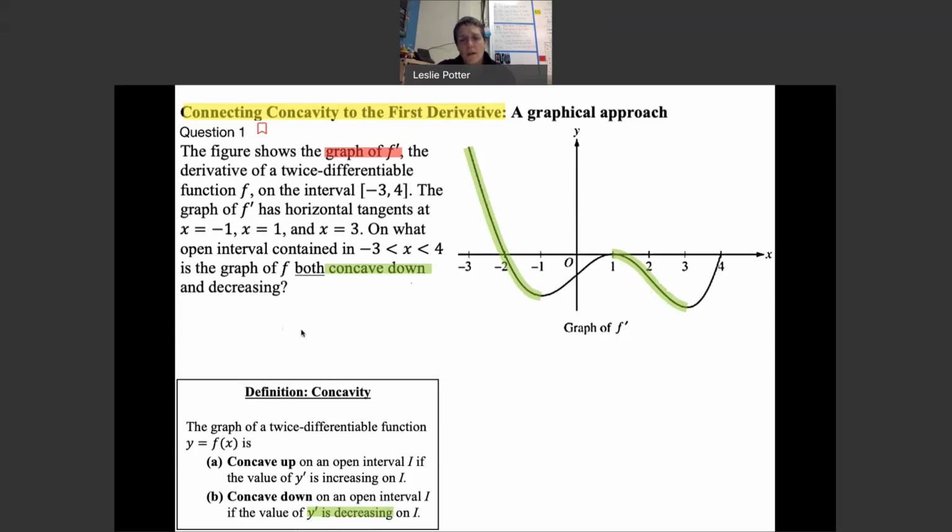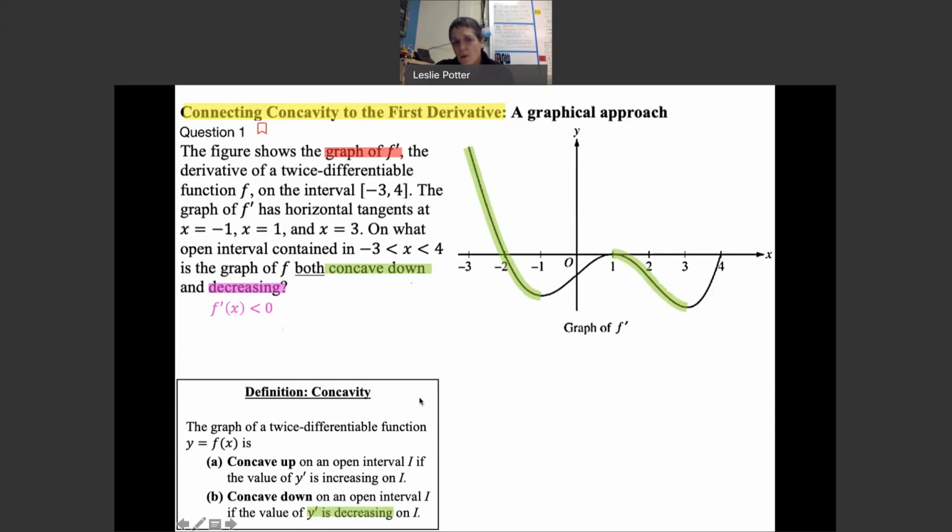Okay, now the second part of this is looking for where the function is decreasing. So the function is decreasing when the first derivative is negative. So if we think about this being the first derivative, we know that we have positive values in quadrants 1 and 2 and negative values in quadrants 3 and 4.